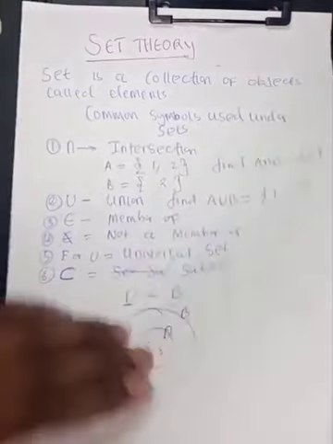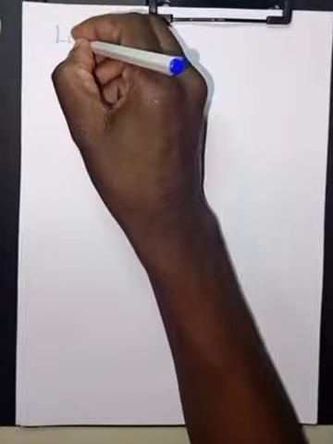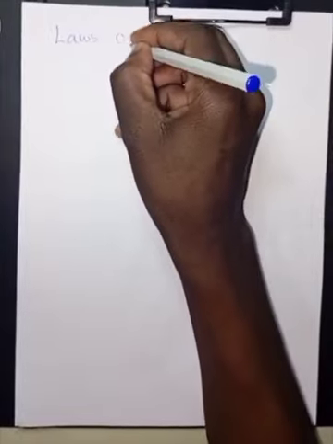Okay, all right, we can move to the next concept that you need to know as we begin this. The next concept is we have to talk about some of the laws of sets.